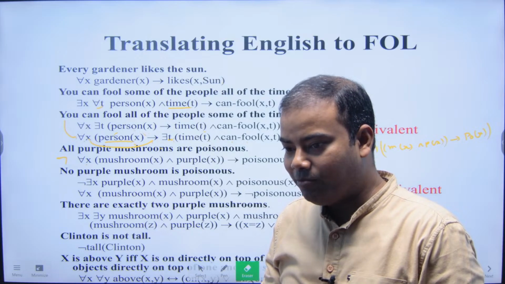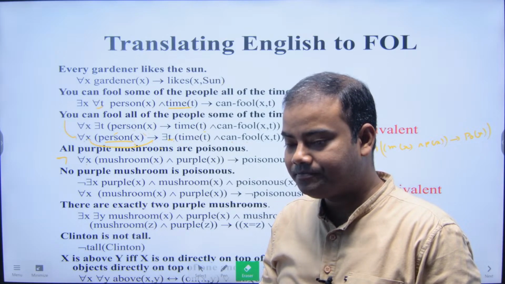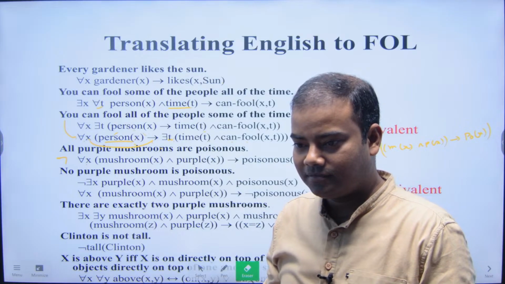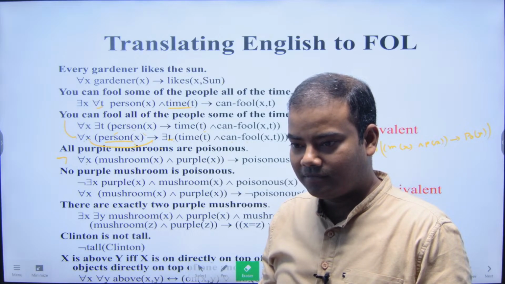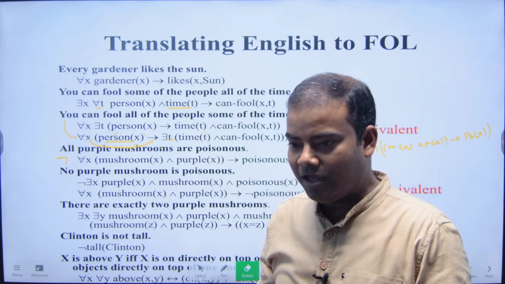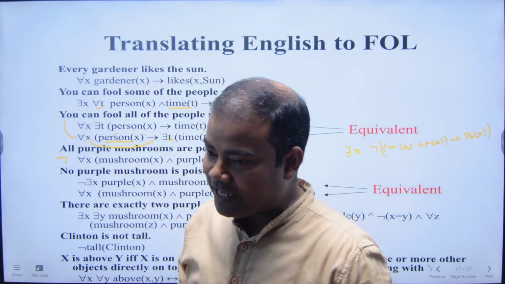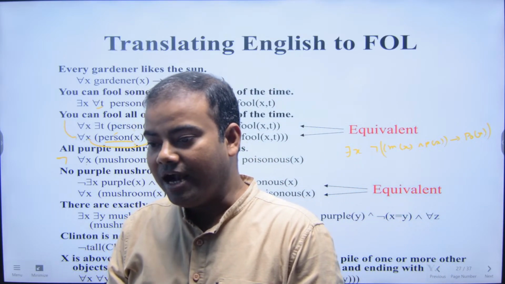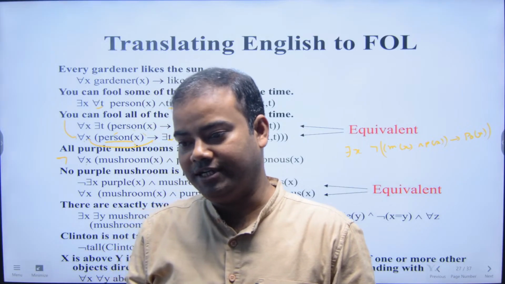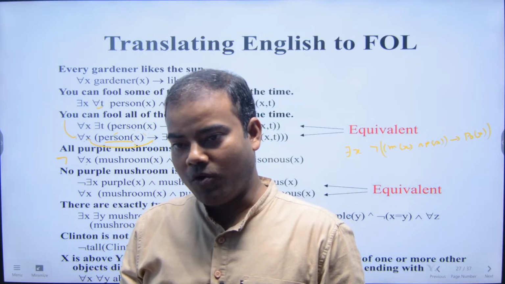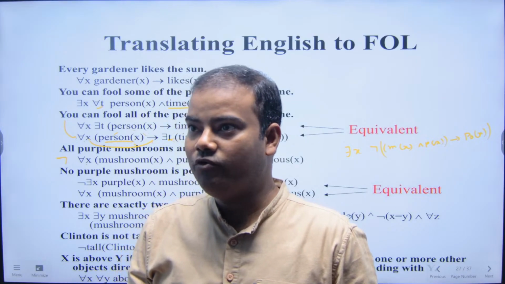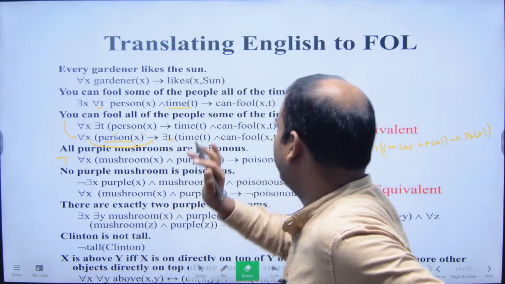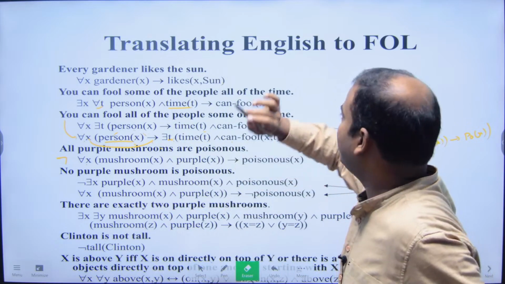Why are both not complements of each other? What I am saying is that everyone is intelligent. What is the complement of that? At least one student who is not intelligent. Why? Because when you combine both students, just a minute.